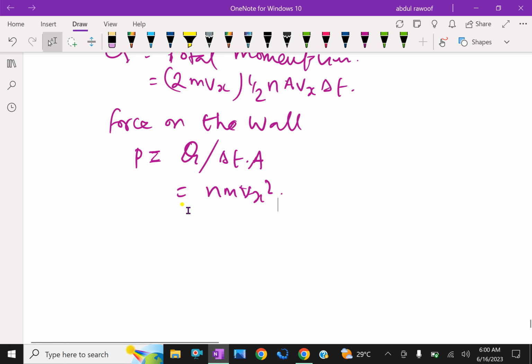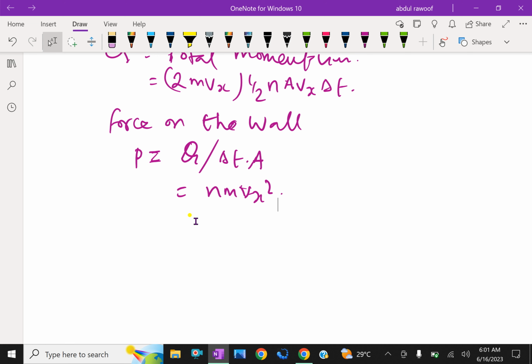Assume all molecules in a gas do not have the same velocity; there is a distribution of velocities. The above equation therefore stands for the pressure due to the group of molecules with speed Vx in the x direction, and n stands for the number density of that group of molecules, that is, the number of molecules per unit volume.